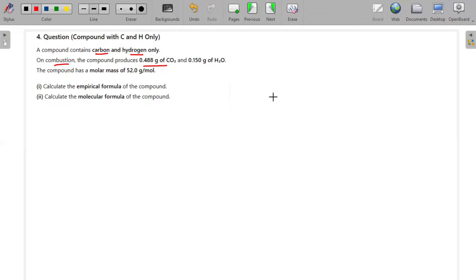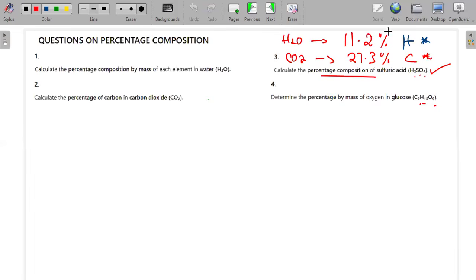So what you are going to do here is find how much of the carbon dioxide is carbon, and how much of the water is hydrogen. Remember the percentages that we found here, I said these ones are very important. Any amount of water has 11.2% hydrogen. Any amount of carbon dioxide has 27.3% carbon. So I'm going to use that.